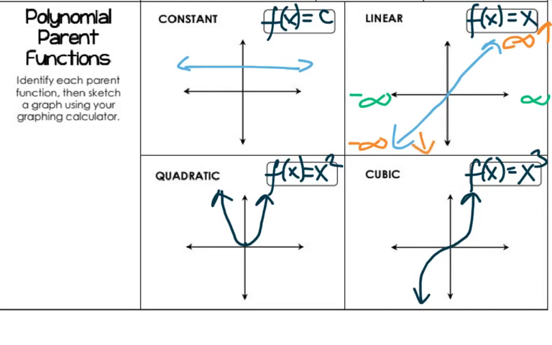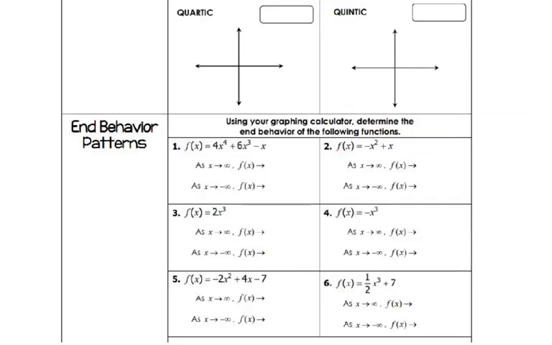If you look at the quadratic function, both ends are pointing up, so the end behavior is positive infinity on both ends because it's going up. When you look at the cubic function, one end is going to positive infinity and the other end is approaching negative infinity.